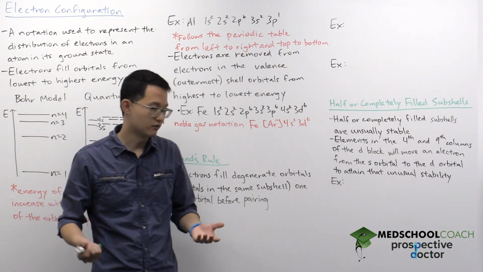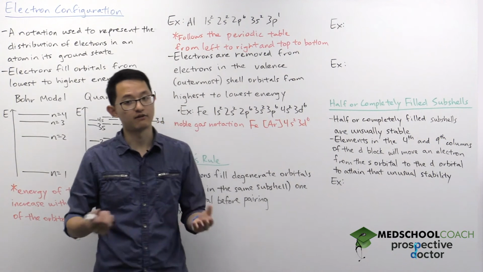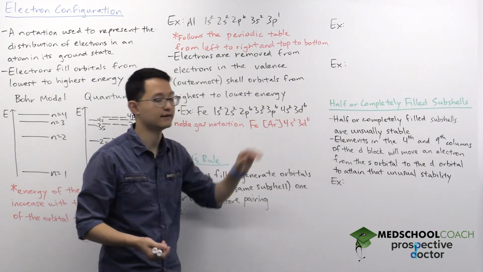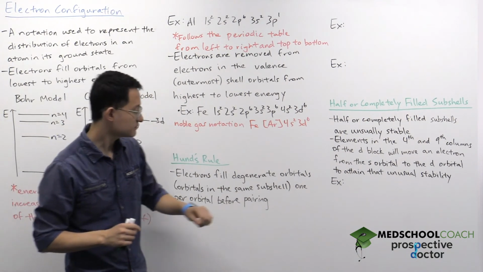Usually you would think, okay, when I filled electrons, I filled 4s then 3d. So if I remove, I should remove in the reverse direction. I should remove 3d then 4s. But that's not the case. So you have to be careful here.